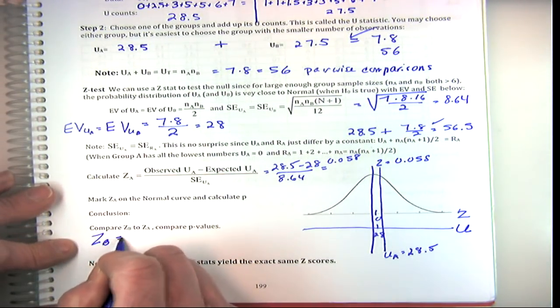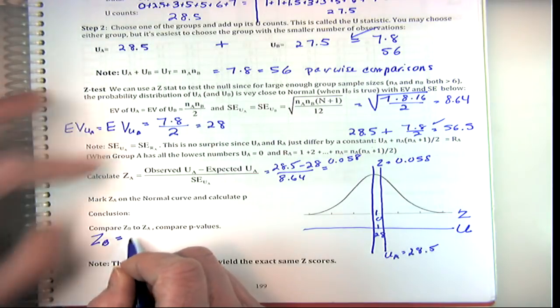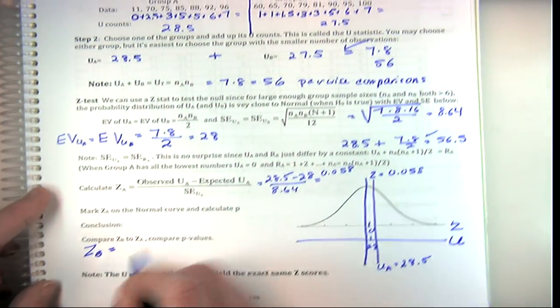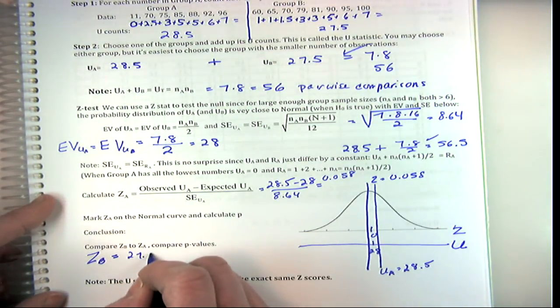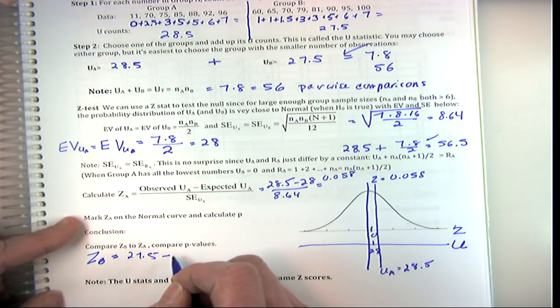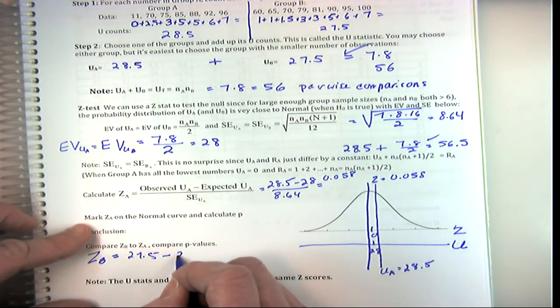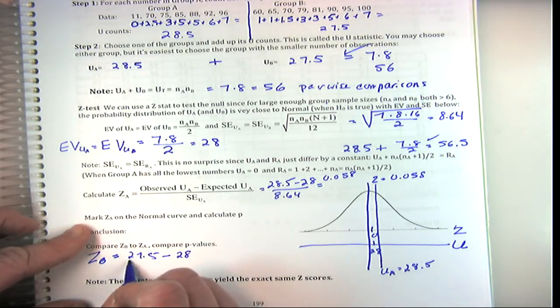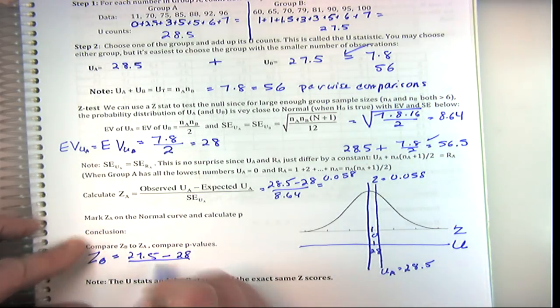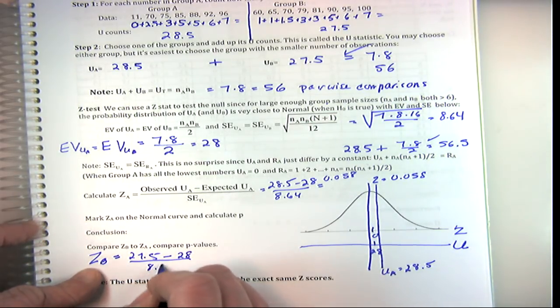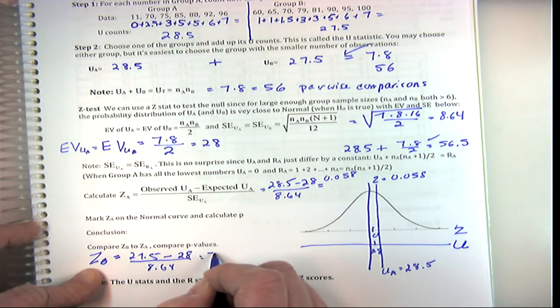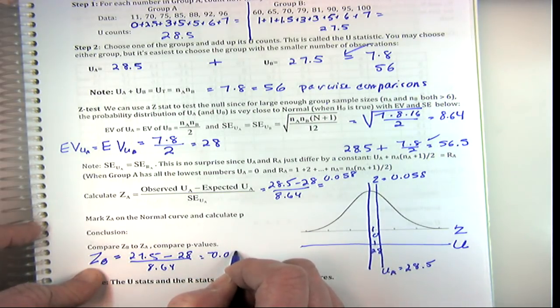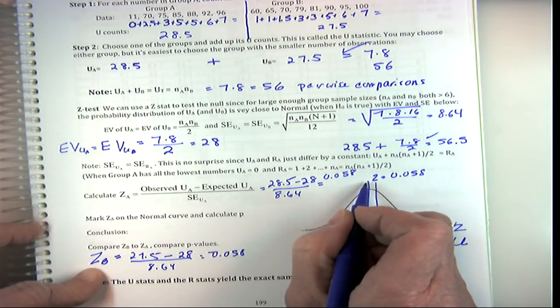ZB is going to be what? We have 27.5 minus the same expected value, 28, right in the middle. That's the 0.5 in this direction, but we have to divide it by its standard error, and we get a negative 0.058 on this side.